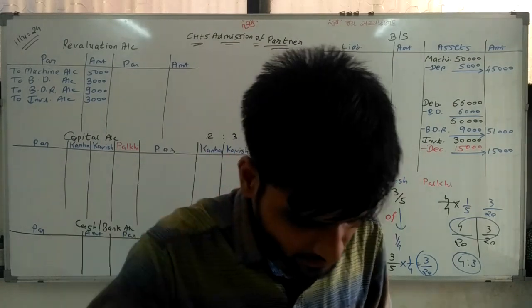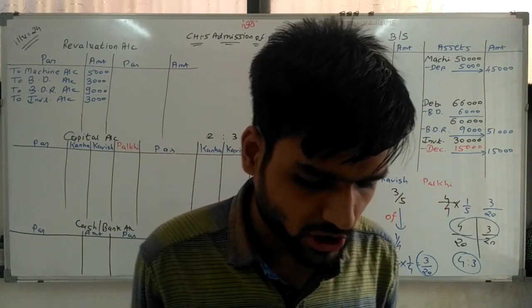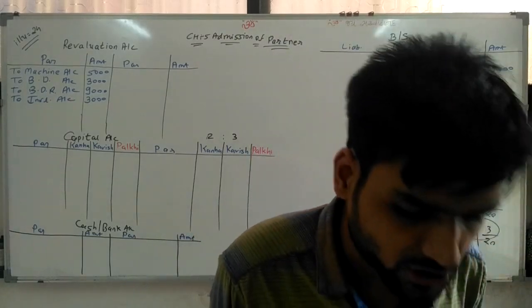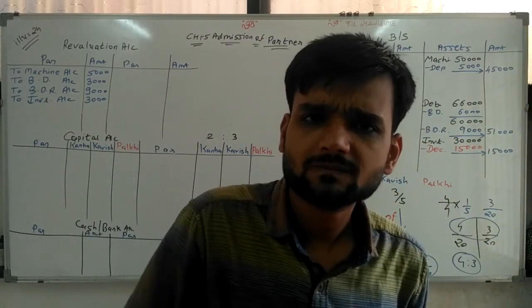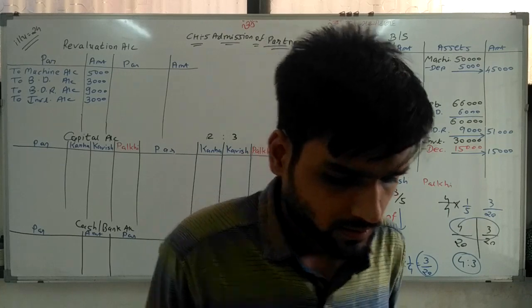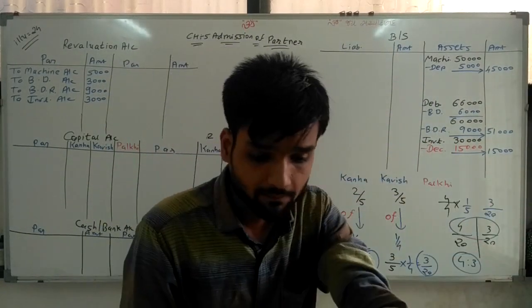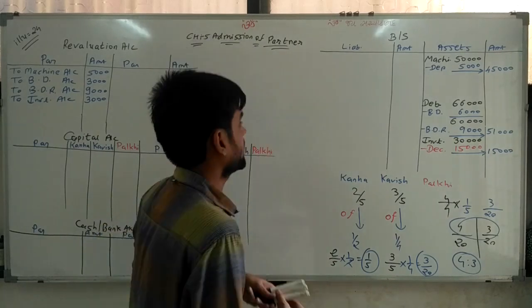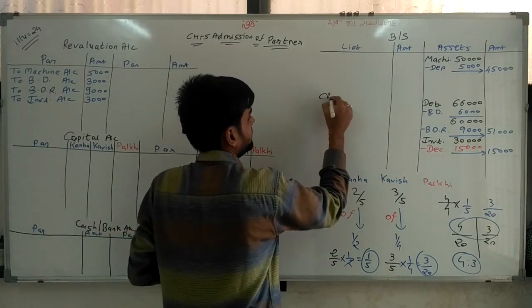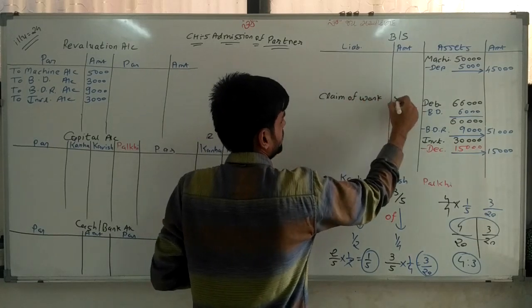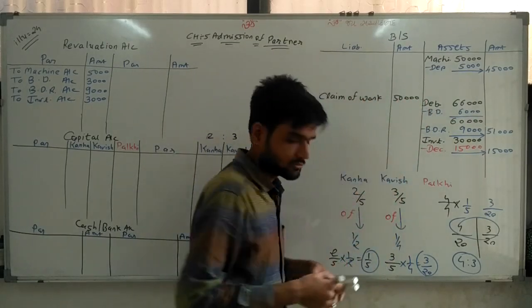Going ahead. Claim for workman compensation to be accepted 50,000. Now here workman compensation fund is already given. Workman compensation given 40,000 rupees in balance sheet. Now claim is 50,000 rupees. So here I can write claim of worker 50,000.